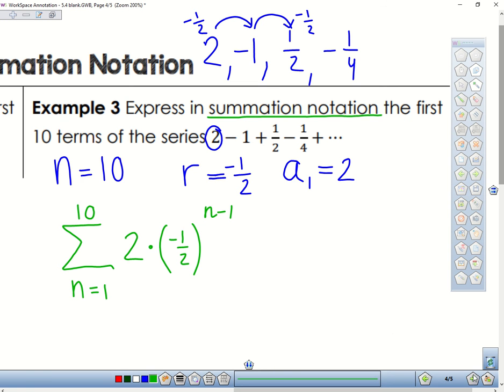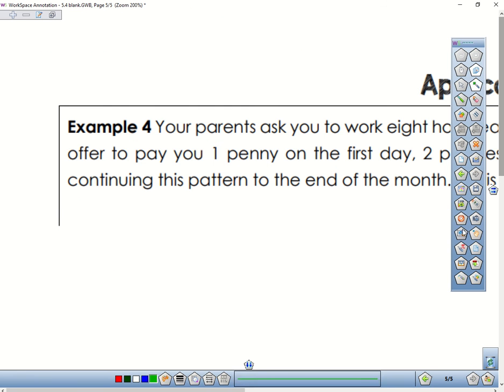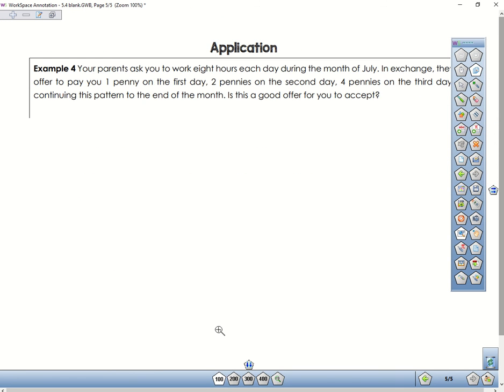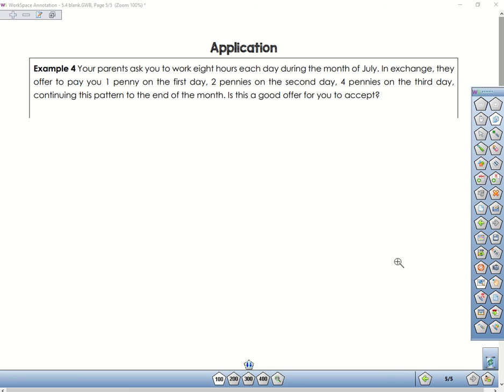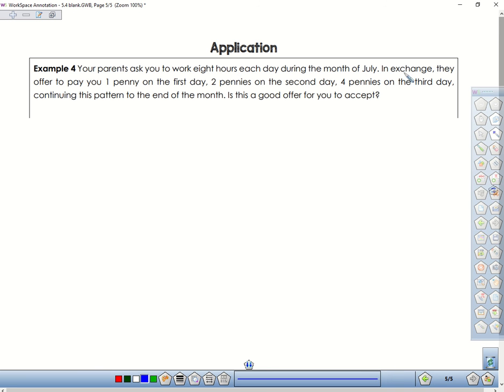So now we're going to do a real world problem before we do homework. It says your parents ask you to work 8 hours each day during the month of July. In exchange, they offer to pay you 1 penny for the first day, 2 pennies for the second day, and 4 pennies for the third day.